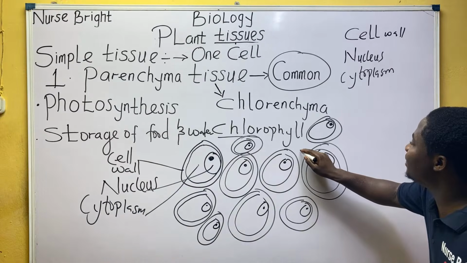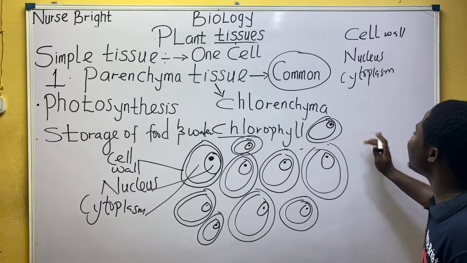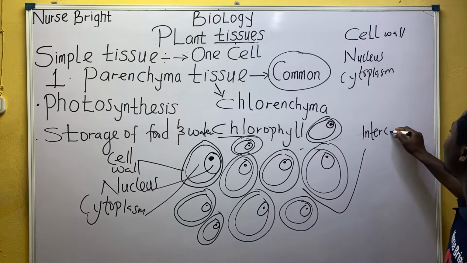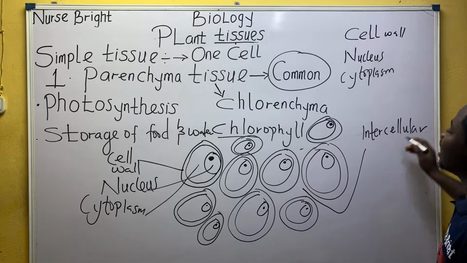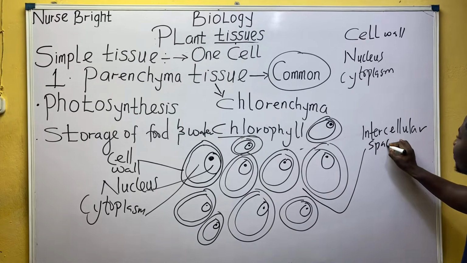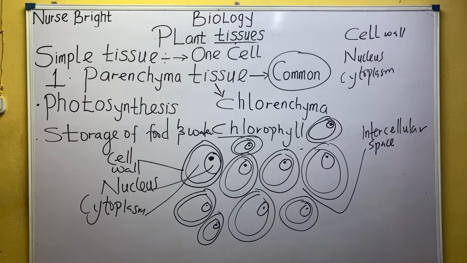These spaces in a parenchyma tissue are called intercellular spaces. What does that mean? It is a space between the cells. Hope you guys are following me. Pay attention, very, very important.